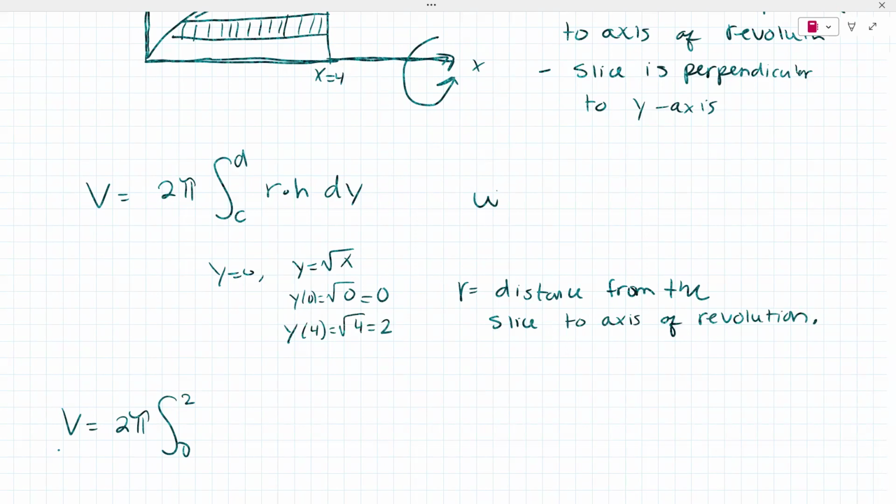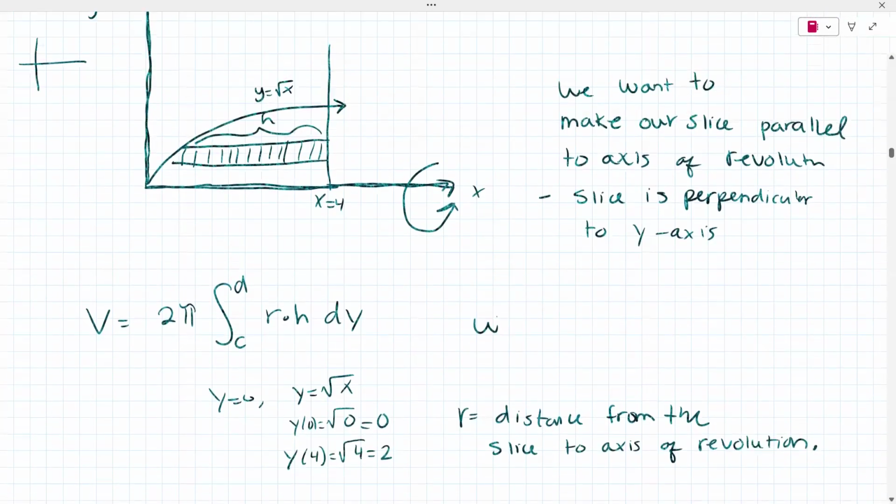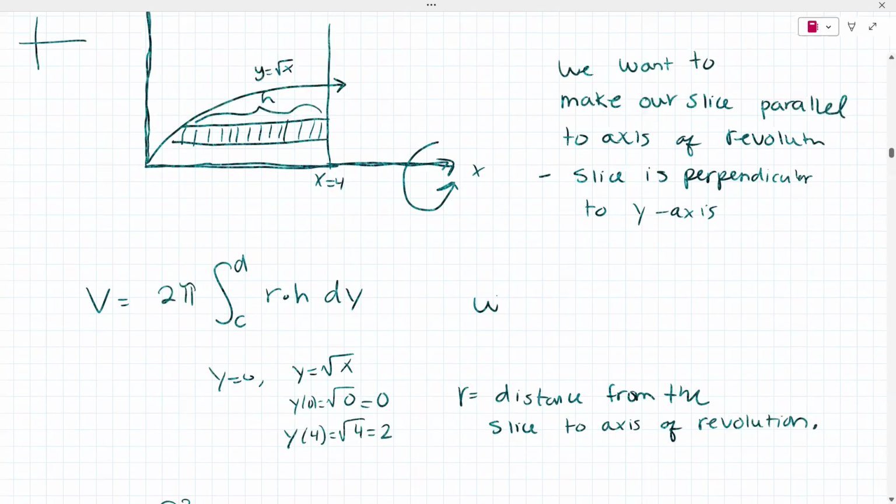If you look, this would be our r. So our r is the distance from the slice to the axis of revolution. This distance right here is our small r.